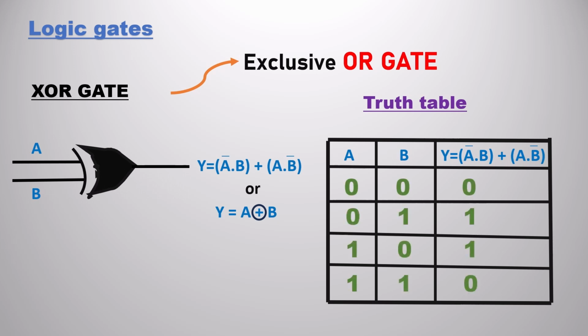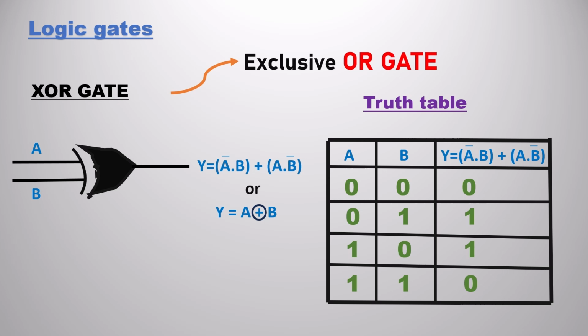Let's see the truth table of the XOR gate, and we will finish this XOR gate. We are going to get the truth table with the same four combinations only, because we have only two inputs, A and B. The inputs are 0 0, 0 1, 1 0 and 1 1.